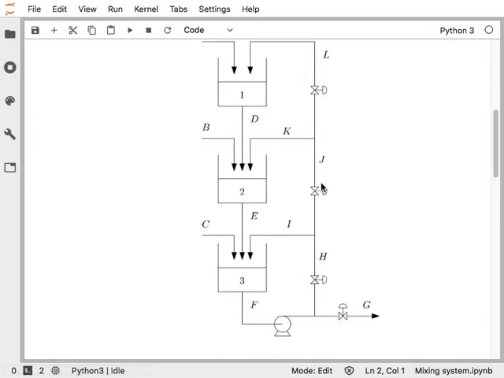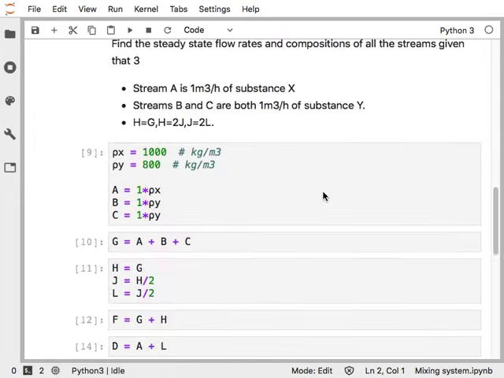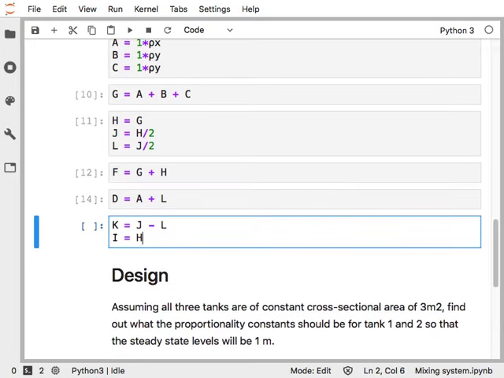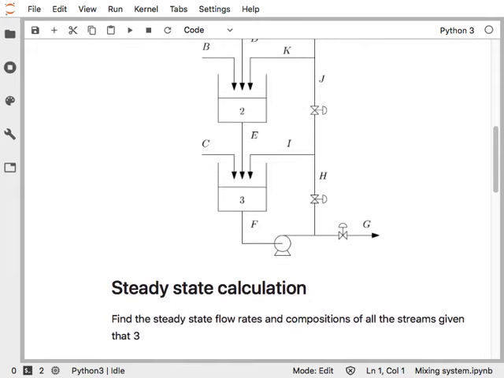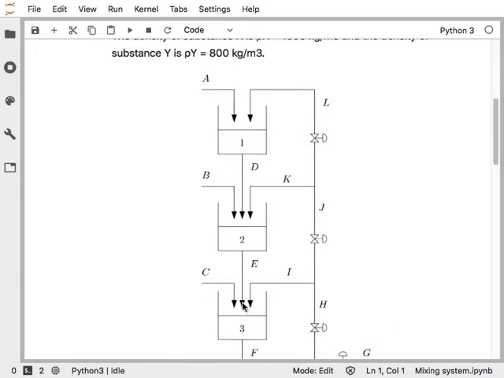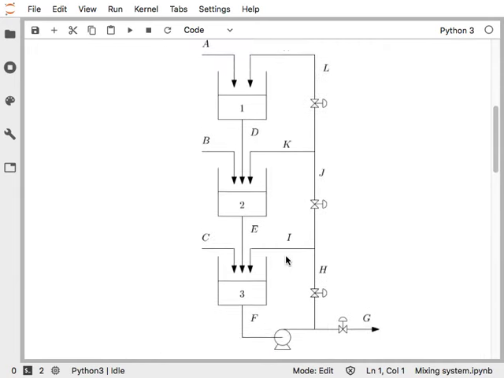And I is equal to H minus J. Right? And then lastly, now that I know all of these inlet streams, I can calculate E, right?